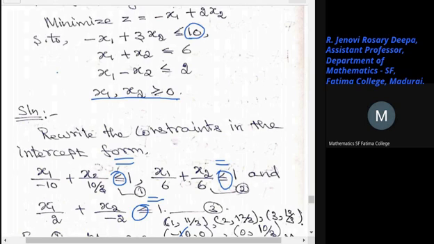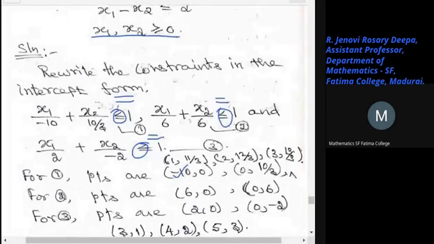So the feasible region, wherever we are drawing the graph, should be present in the first quadrant only. For every constraint, the shaded portion of the graph must be present in the first quadrant, where both x1 and x2 are greater than or equal to 0.